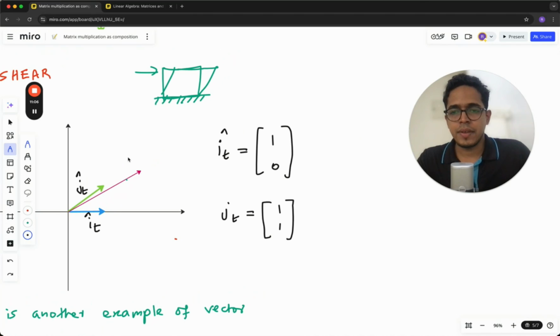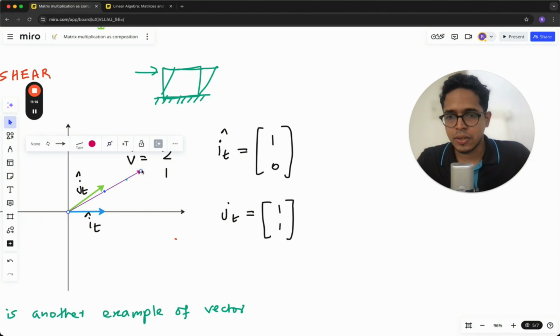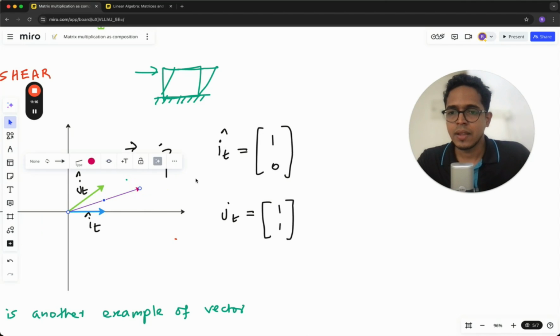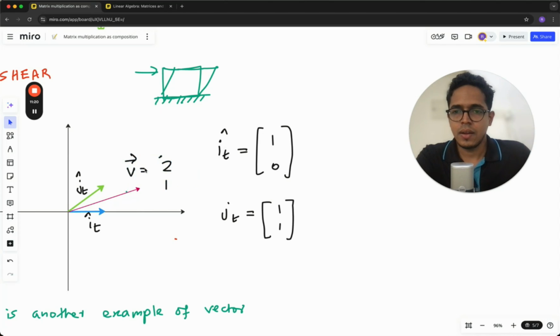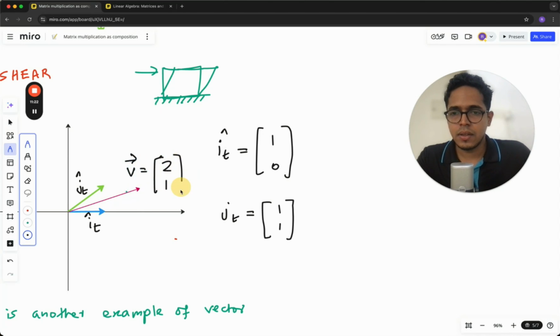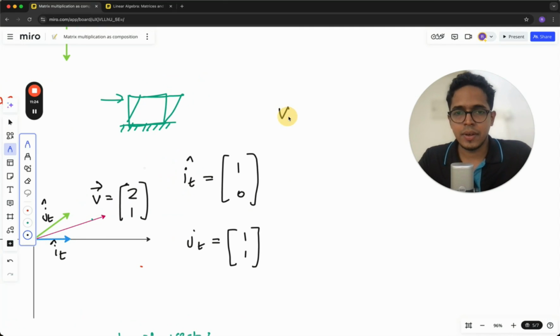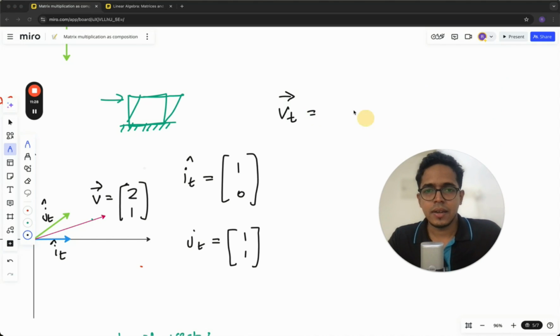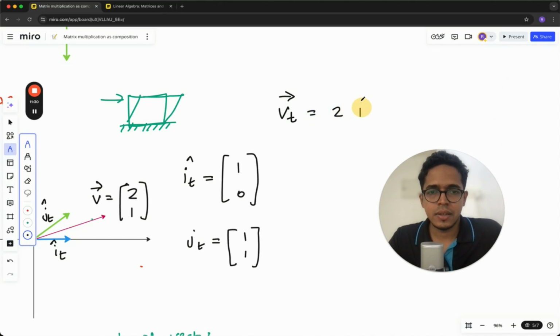So this vector v was originally at x coordinate 2, y coordinate 1, and this vector was here, something like this, right? So this is how the vector was. And now we just want to see where the vector ends up. So v transformed is nothing but 2 times i transformed plus 1 times j transformed.